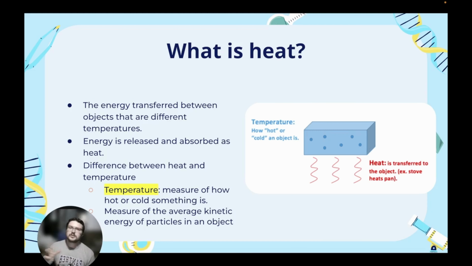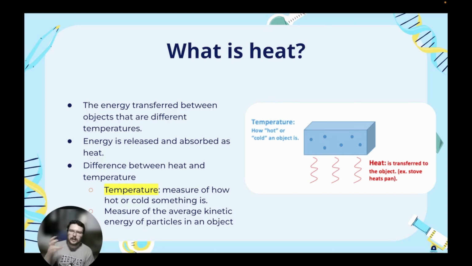Now what's really interesting about this transfer of energy during chemical reactions or during physical exchanges of energy is that this energy is transferred between objects that are technically at different temperatures. So energy is either being released or absorbed as heat in many situations. But heat is not the same as temperature.